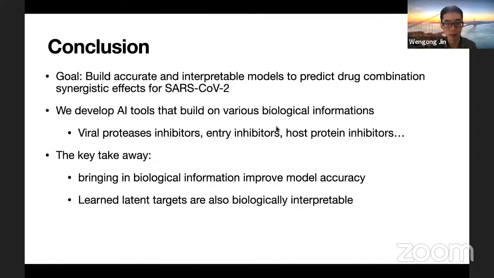And we developed a model that builds on various biological information. And the key takeaway is bringing biological information is crucial for modeling drug combination. And also to account for missing biology, we need to allow the model to learn these latent targets, the free parameters, through the single agent activity data.